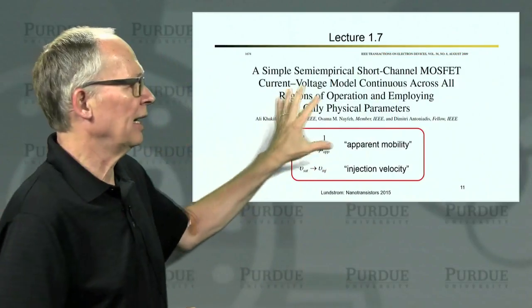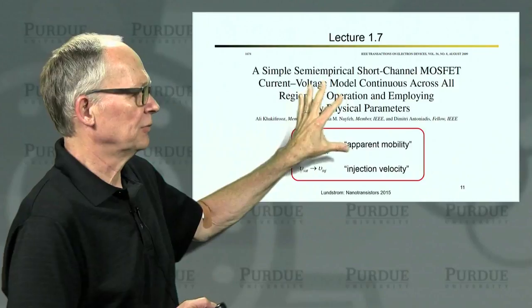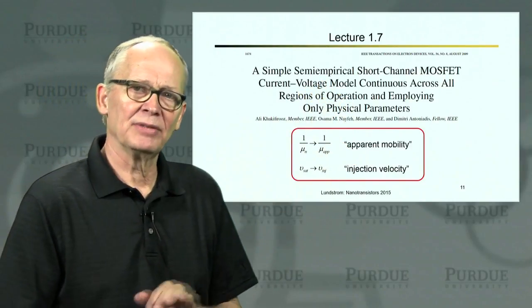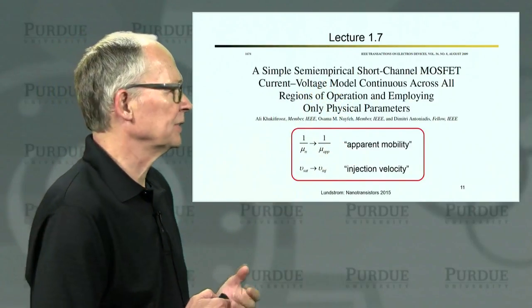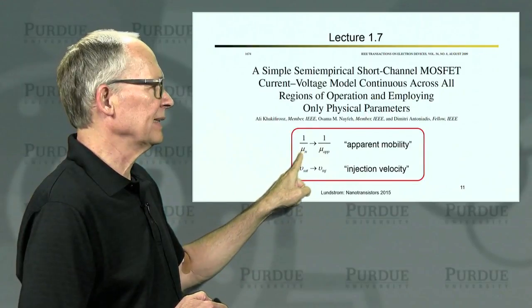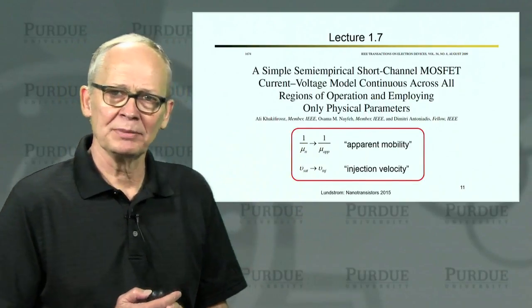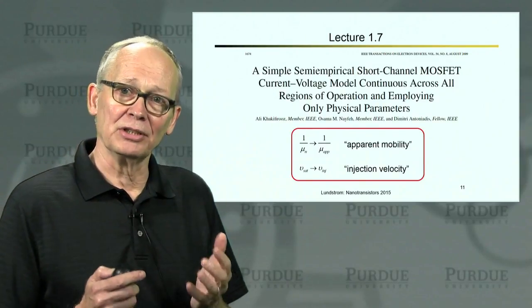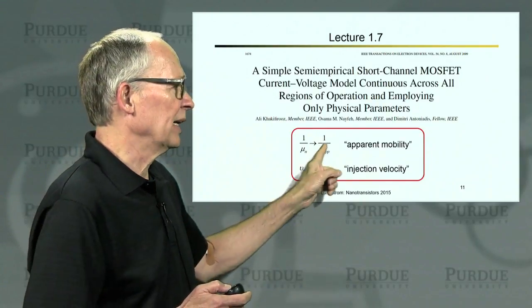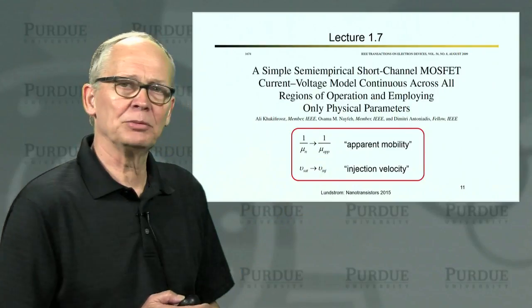So we talked about how we can take this virtual source model that we've developed using traditional concepts, and simply replace the physical parameters, which we're uncomfortable using at the nanoscale, by viewing them as adjustable parameters.